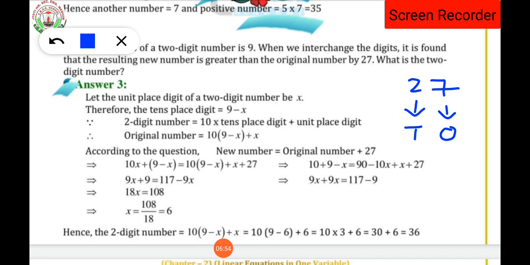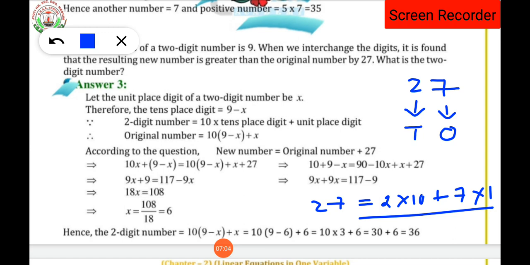How to expand this 27? 27 is expanded as 2 into 10 plus 7 into 1. ऐसे ही एक्सपैंड करेंगे ना. 27 को एक्सपैंडेड फॉर्म में एक्सपैंड करने बोलता है तो 2 into 10 plus 7 into 1, because 7 is units place. Unit place means ones place value and 2 is tens place value. In the tens place value 2 is present, that's why.